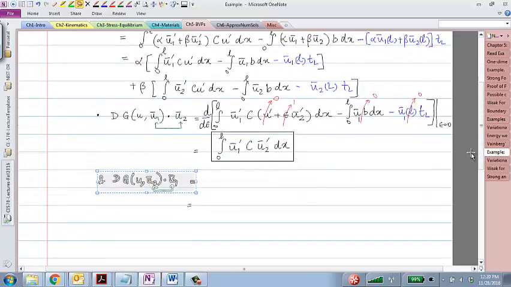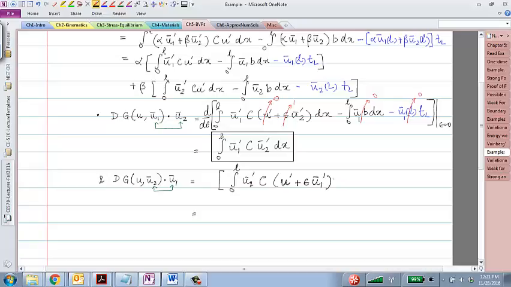Since I'm running out of time here, I'll just take 1 minute and we'll be done. So integral 0 to L u2 bar prime c of u plus epsilon u1 bar prime dx minus u2 bar b dx, integral 0 to L. And finally I have the boundary term minus u2 bar at L times TL.